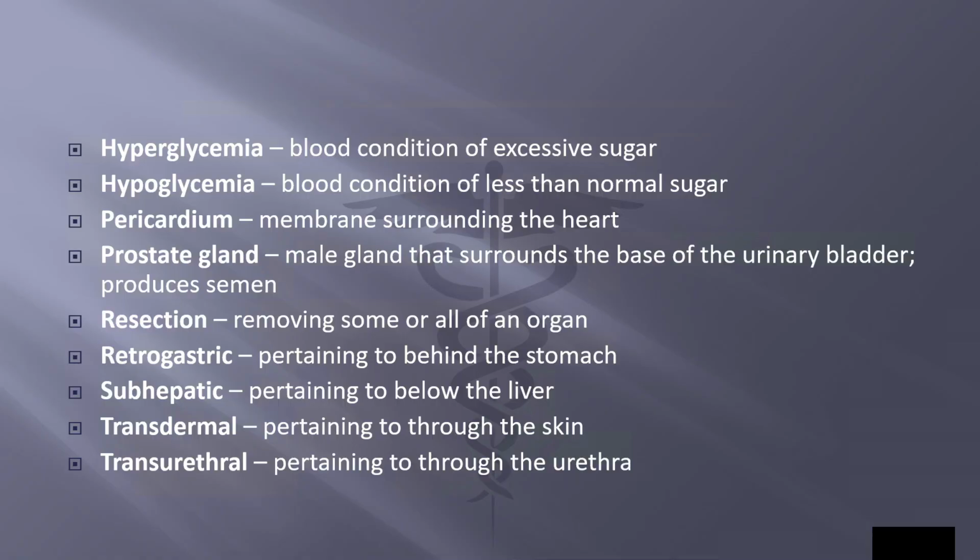Then we have hypo. This means below, less than normal, or under. So hypoglycemia, blood condition of less than normal sugar. This condition results from too much insulin in the bloodstream. Symptoms are weakness, headache, and hunger.